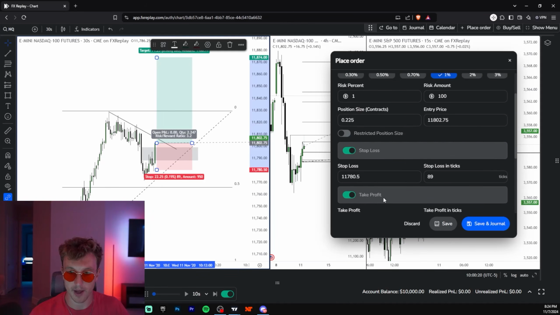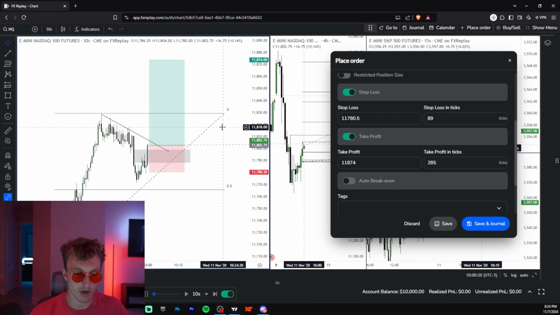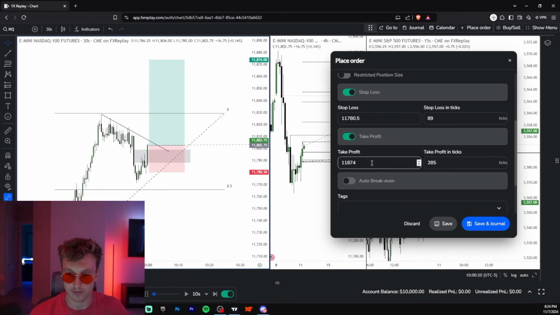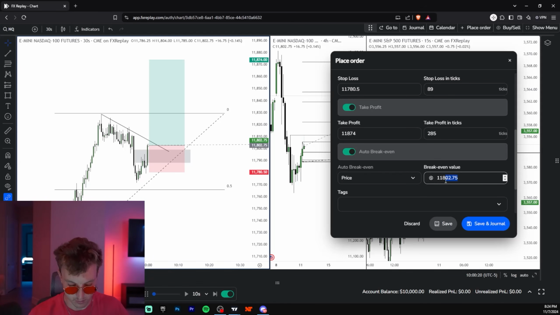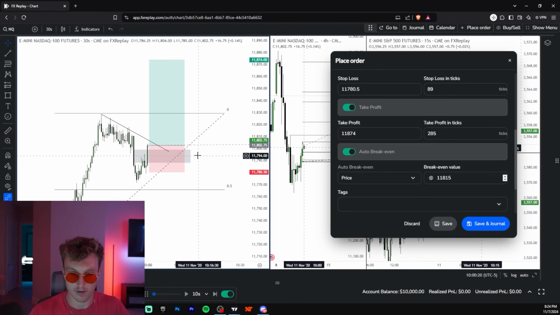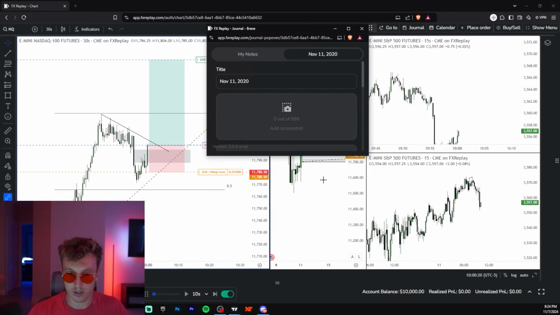Auto break, it's going to be a buy. We're going to go auto break even at like 11,815, I think. Kind of just feels right. 11,815 auto break even. We're gonna do save and journal.